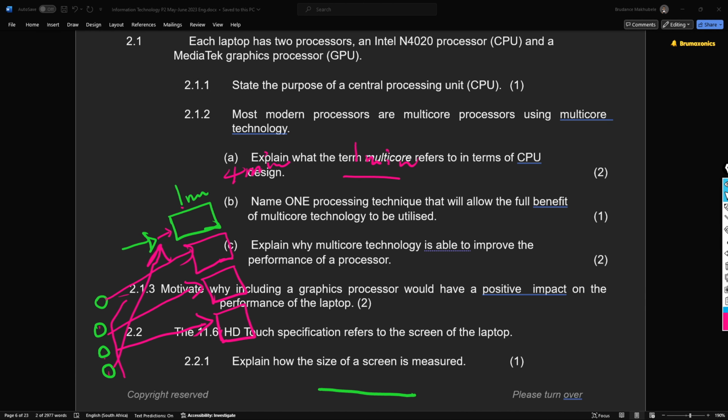So now we are moving to 2.1.3. They're saying motivate why including a graphics processor would have a positive impact on the performance of the laptop, right? This is actually a good question. So remember that the GPU, which is the graphics processor, is actually very good when it comes to anything that requires graphics, right?